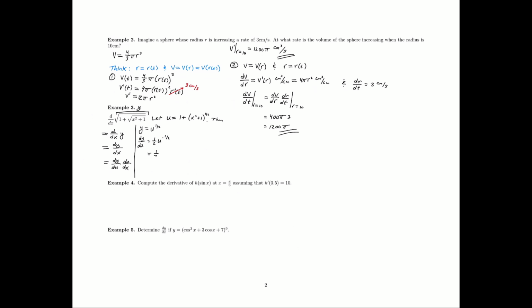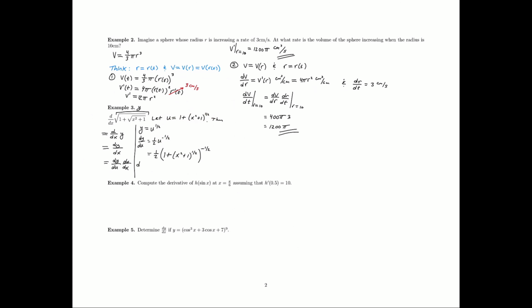And if we put back u, what's u? U is 1 plus x squared plus 1 to the 1/2, to the negative 1/2. So I just replaced u with what u is up here.